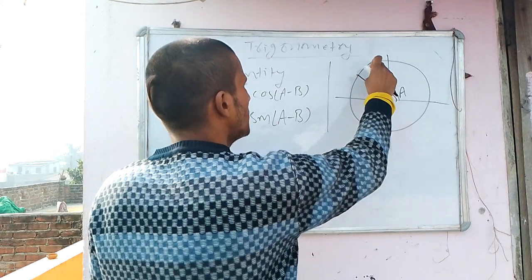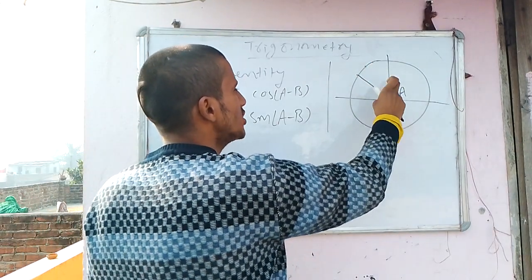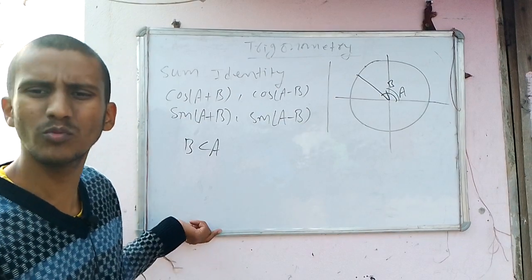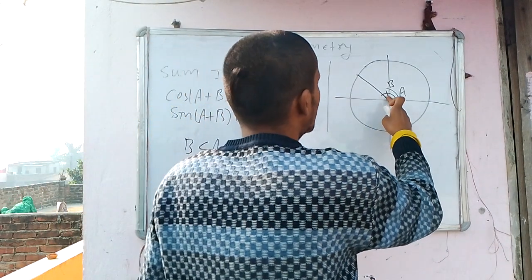Actually, I'm going to make an amendment. I'm going to change B. Why? Let's make B an acute angle, because if you make B an acute angle, it will be much easier.